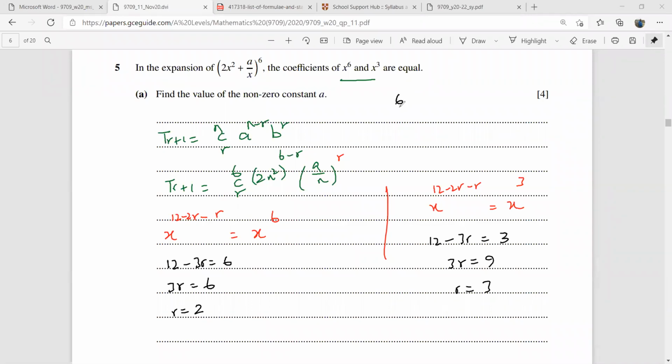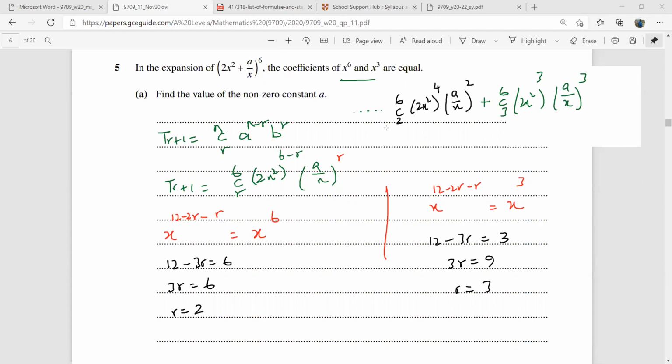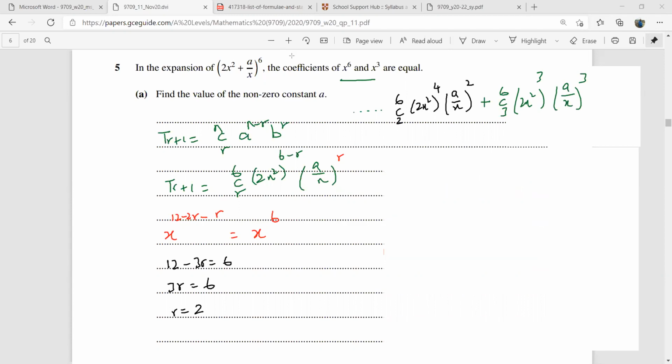So this is going to be 6C2, (2x squared) raised to power 4, and (a over x) raised to power 2, plus, I'll put dots before and then dots after that, 6C3, (2x squared) raised to power 3, and (a over x) raised to power 3, plus dot dot dot.